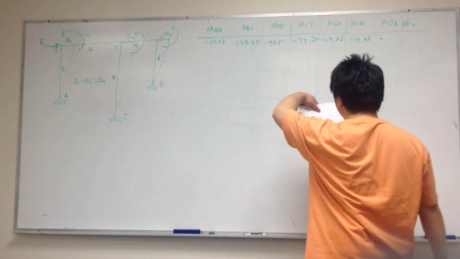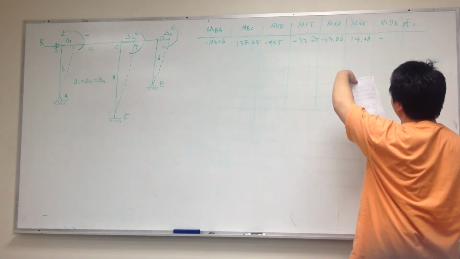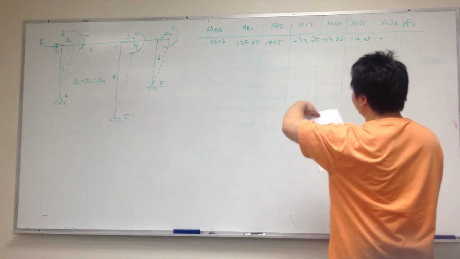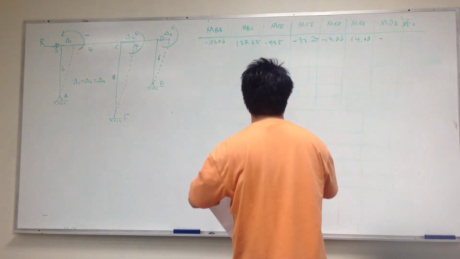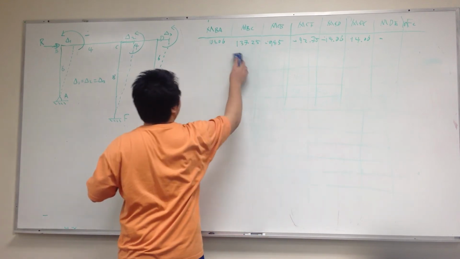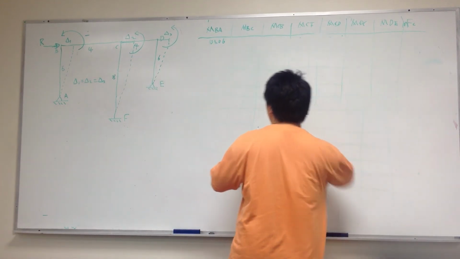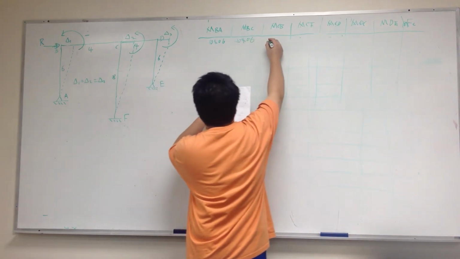Wait, I missed one number. Wait, B8, BC, CB, CF, CD, DC, DE, FC. Wait, I missed one number. 104, negative 104.06.